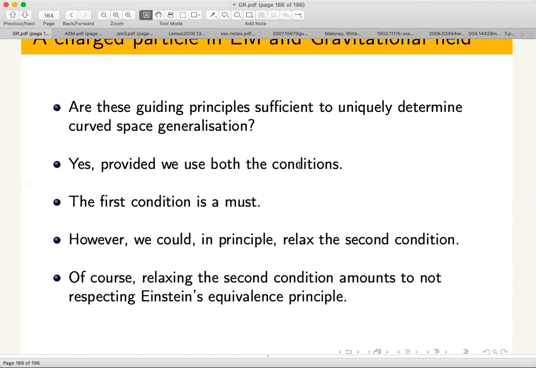So if you want to generalize some object, some equation, to general relativity, it better satisfy that condition. Otherwise the whole structure collapses, because if the object is not general coordinate invariant, it is not even meaningful to compute anything in one particular frame, simply because in some other frame it may look totally different. So clearly that is an essential condition.